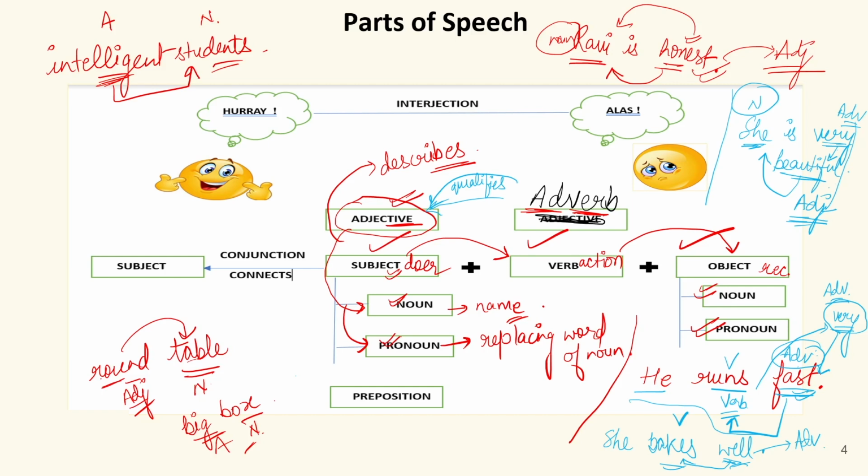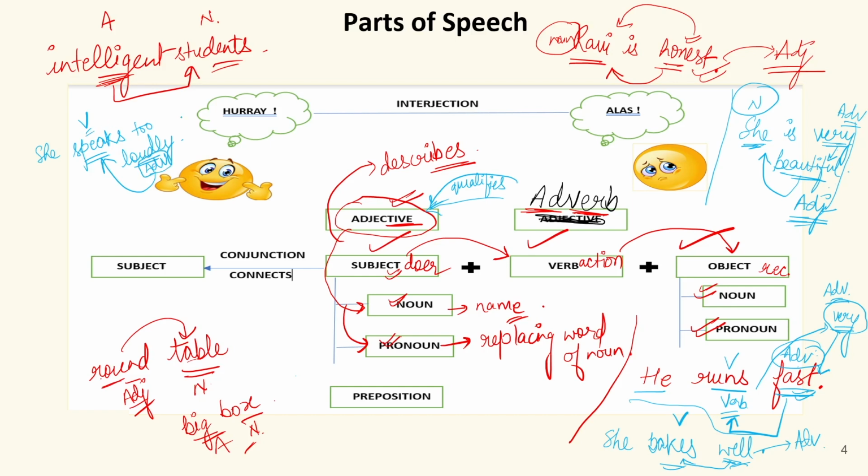So, it is a word which can qualify all of this. For example, let us see one more example. She speaks too loudly. Now, how does she speak? She speaks loudly. Now, speak is a verb, and loudly is an adverb which is describing or qualifying the word speaks, that is the verb.